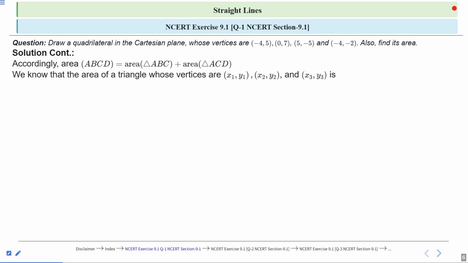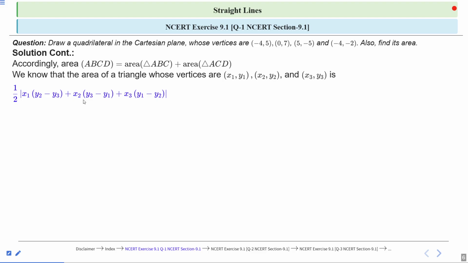We know that the area of the triangle whose vertices are (x1, y1), (x2, y2), and (x3, y3) is 1/2 times the modulus of x1(y2 - y3) + x2(y3 - y1) + x3(y1 - y2).